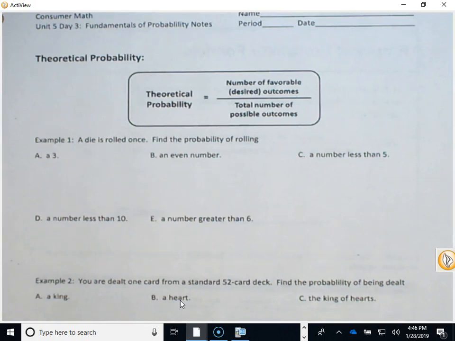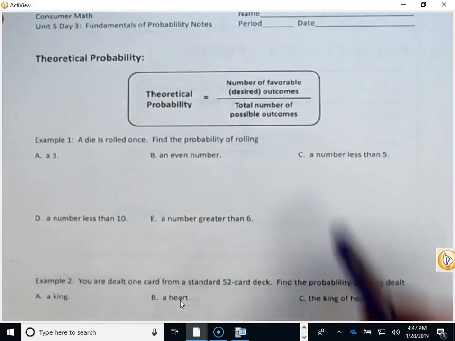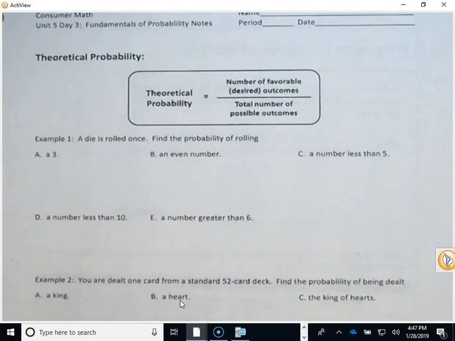So we're going to talk about if I roll a die, and a die, singular, is just called die. So instead of dice, it's just one die. If we roll a die once, find the probability of the following: rolling a 3, rolling an even number, and rolling a number less than 5. So for the first one, what's the probability of rolling a 3?